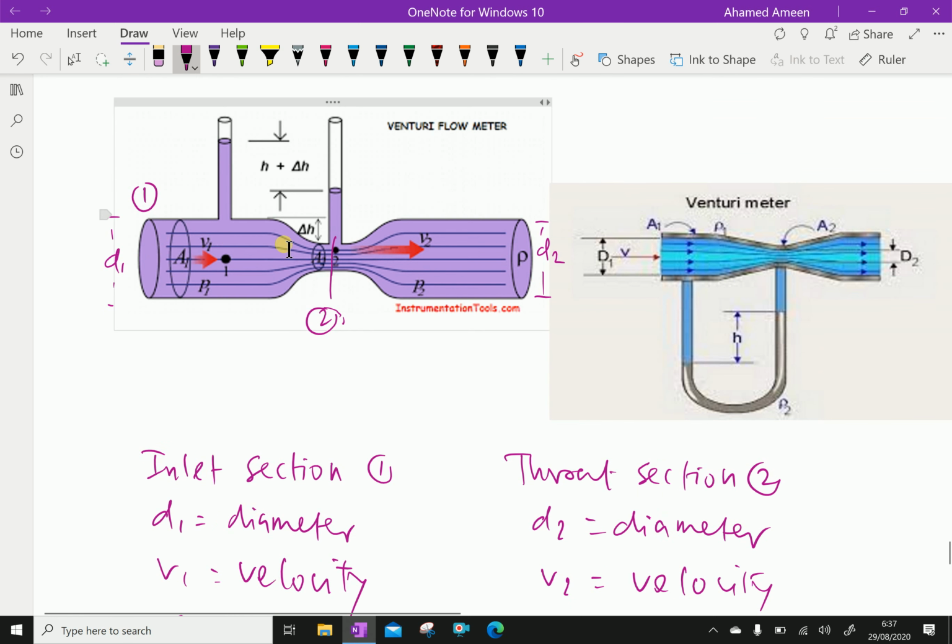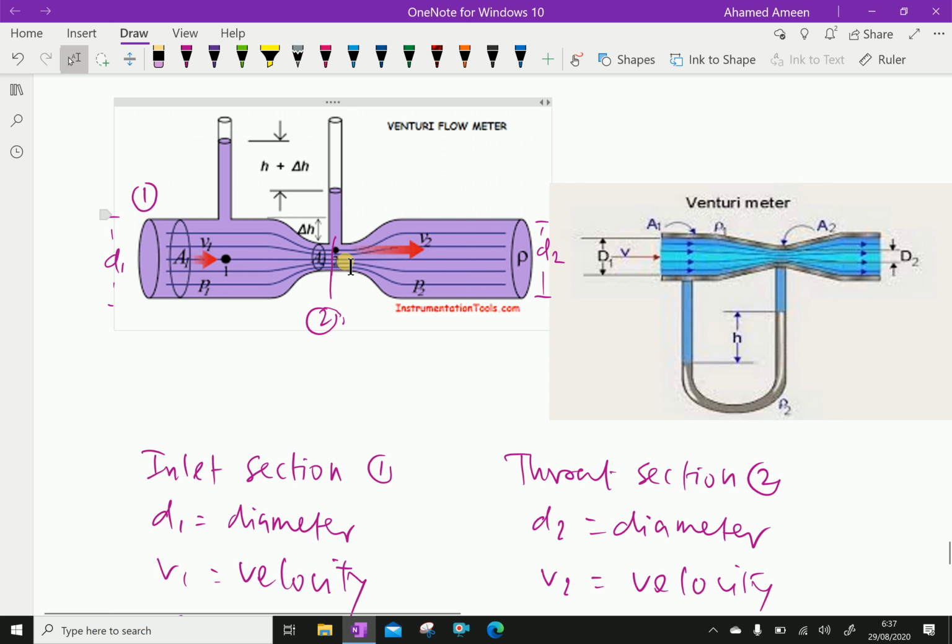Here, the fluid flows through D1, which is the higher diameter, with velocity V1, and it contracts through the lower diameter, that is, the throat. Due to this contraction of area, the velocity increases.